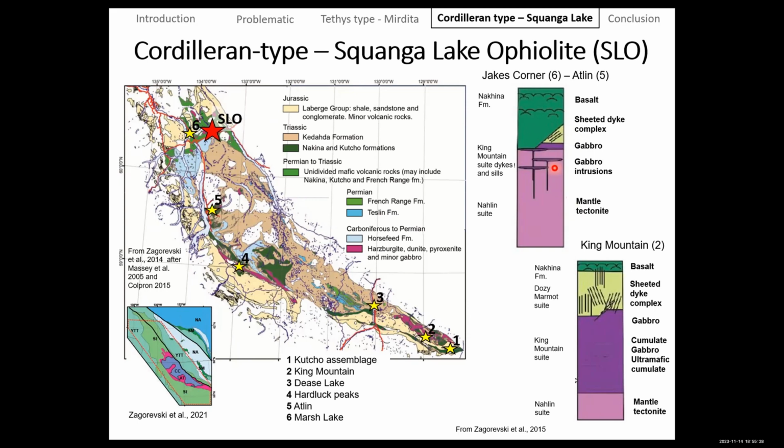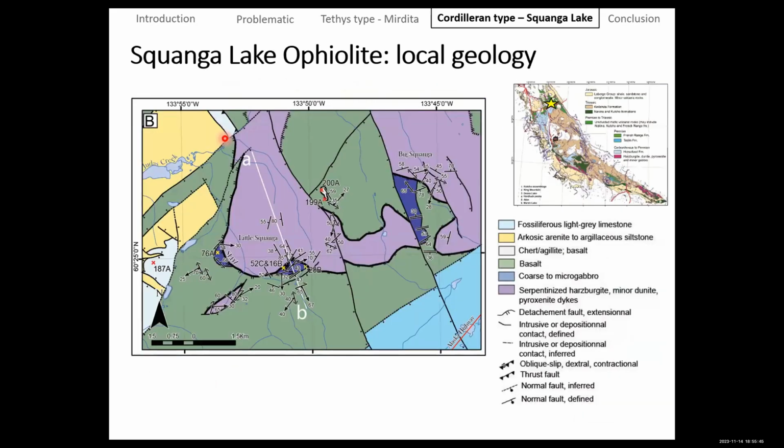So that's when the question came: is this geometry preserved from the oceanic floor, or is it caused by obduction or later dismembering? To study this, we chose the Squanga Lake ophiolite, which is one of the northernmost ophiolites in the Atlin terrane. So we're right here. This is the local geology of the Squanga Lake ophiolite.